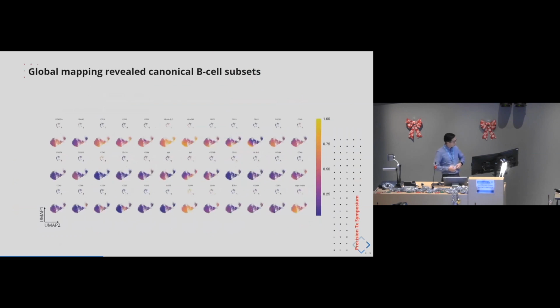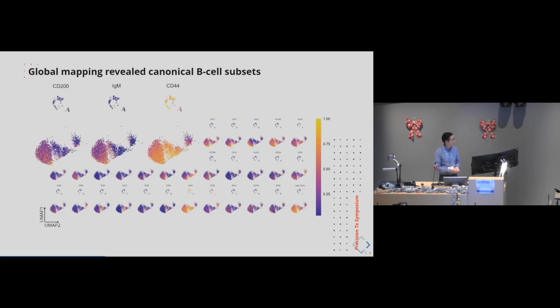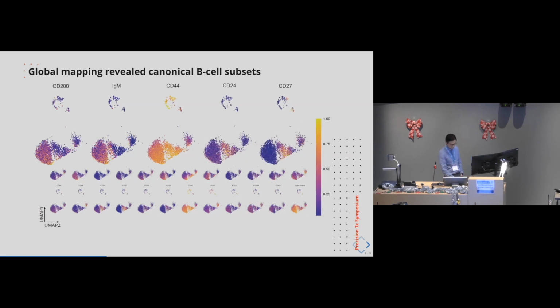So let's talk about the reactive lymph node first. We can see there are structures inside this island, and based on canonical markers like IgM and CD44, we can easily see that the first half circle is naive B cells, and in the middle there are likely memory B cells based on CD24 or CD27.